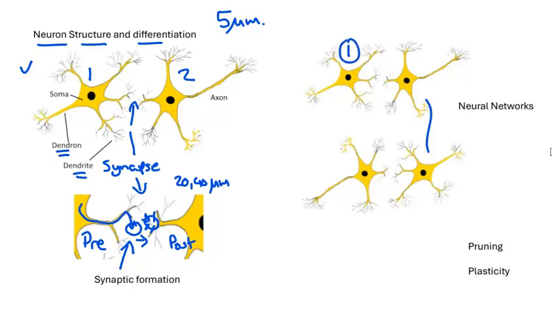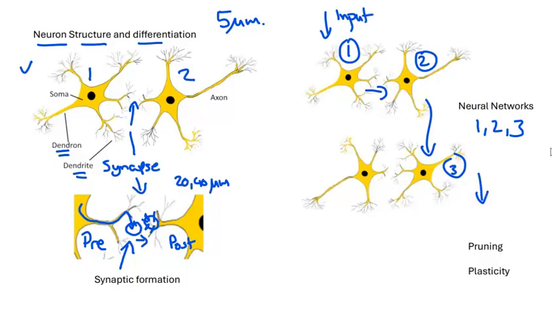Now, when the cells of the nervous system communicate with each other, they set up networks. Perhaps cell 1 is connected to 2, is connected to 3, and we have synaptic transmission between 1, 2, and 3. And so our network is 1, 2, 3, with some kind of initial sensory input here, and perhaps some kind of final motor output here. So we have input and output in this form.